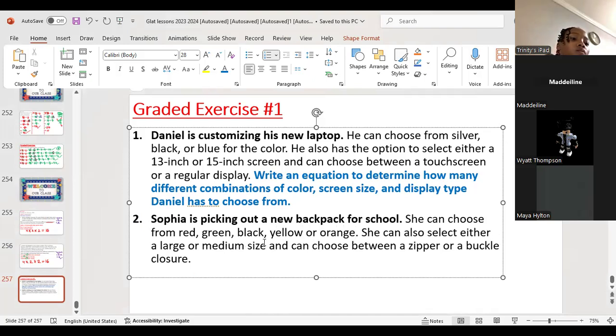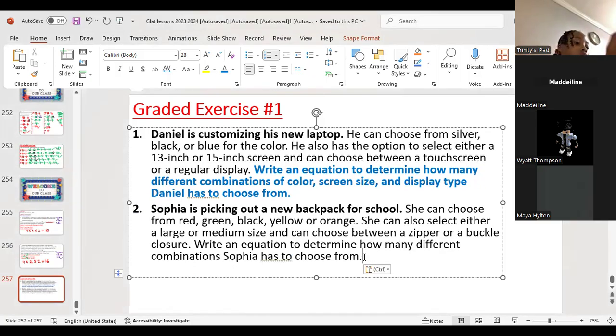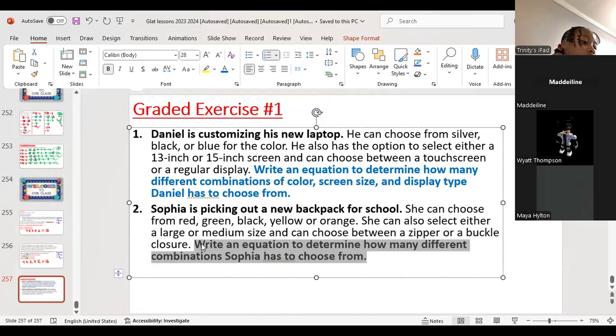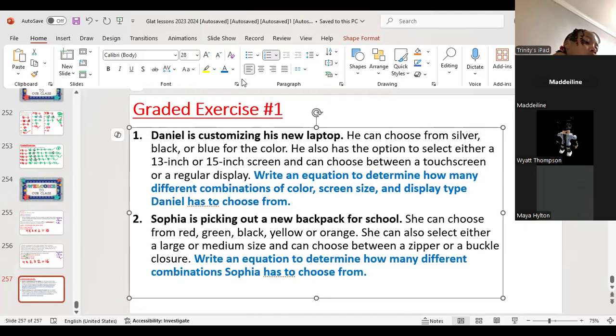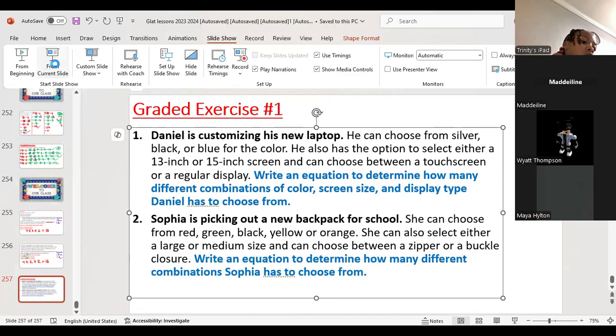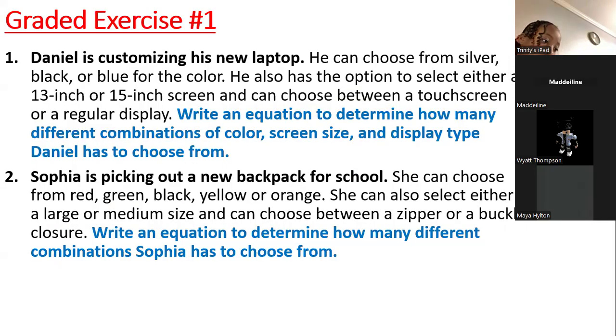She can also select an item that... Write an equation to show how many different combinations she has. All right.